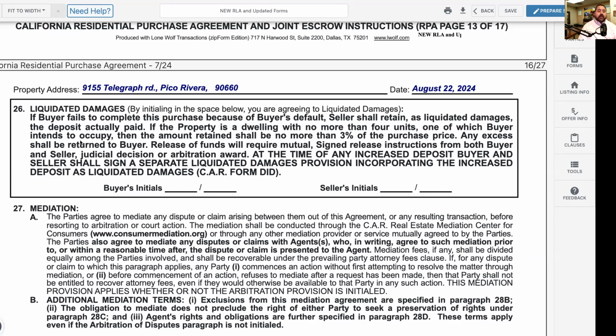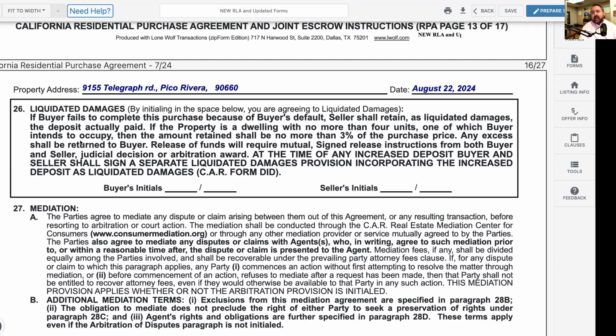So if I put a $10,000 deposit in escrow and I have a $1 million house, right? I'm not going to lose 3% of the purchase price if something goes wrong. I'm potentially going to lose the $10,000. Okay? Because I'm protected to the amount of my initial deposit or 3%.